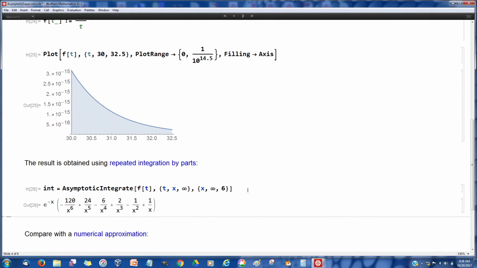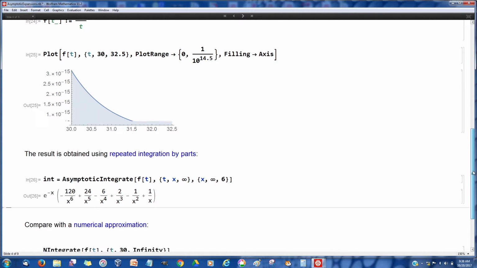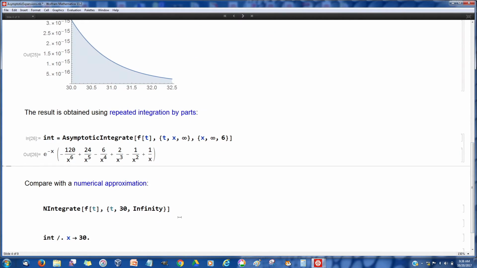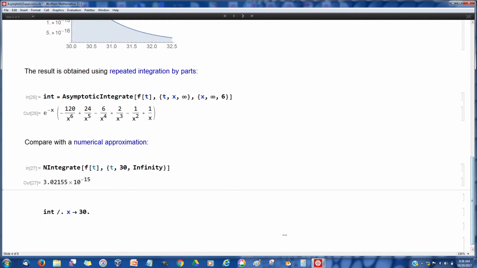What you get back is not a power series, you get back an asymptotic series, which is still good, but more useful for numerical work in this case. Now compare with NIntegrate, and as you can see, you get a pretty good approximation with the asymptotic solution. So that's the idea. You have a series expansion, and you either use it directly or do a numerical evaluation with it.